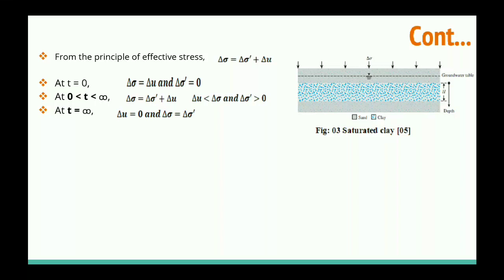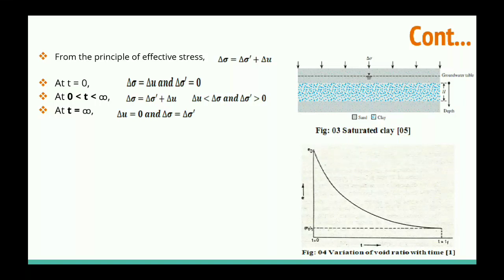So when effective stress is increasing in the soil, the volume of soil is decreasing, and that decreasing volume we can write in the form of change in the void ratio. Means if the effective stress increases, then the void ratio will decrease. So if we plot a figure between the void ratio and time, we get this figure.